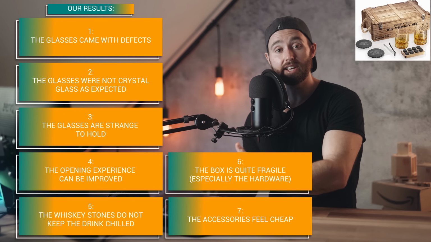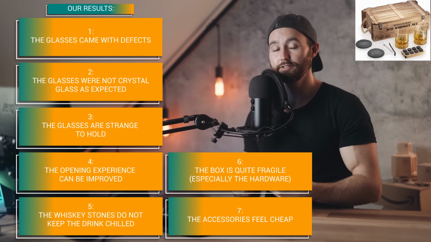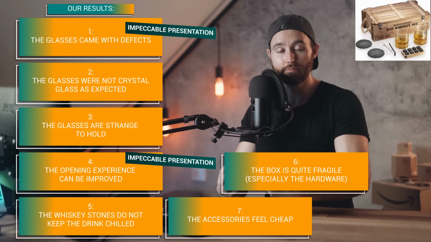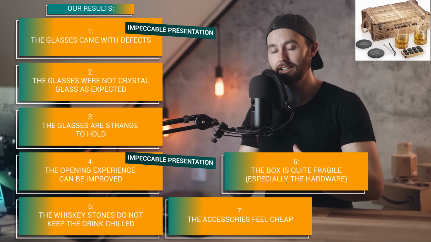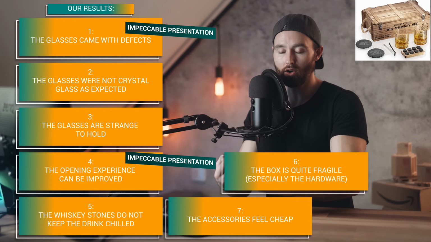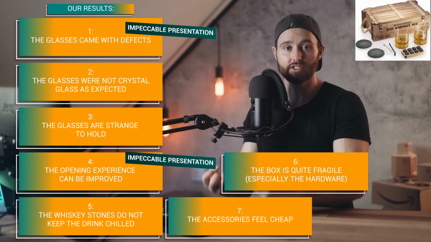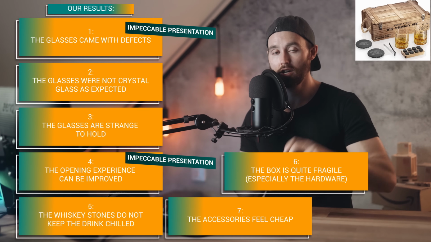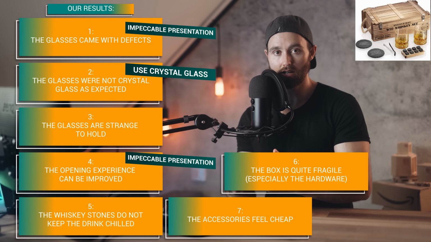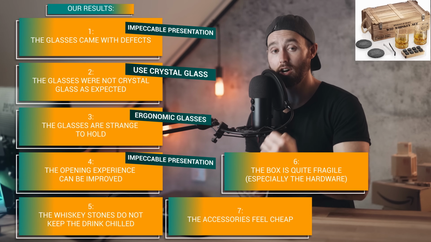So from that, we can establish that our offer would have to have impeccable presentation. As you open it, everything's clean and it looks good for a good opening and gifting experience. Included there, we would want specific secure compartments holding those accessories in place so it doesn't all fall all over the place. 2, we would want to use crystal glass in our whiskey glasses. 3, ergonomic glasses.